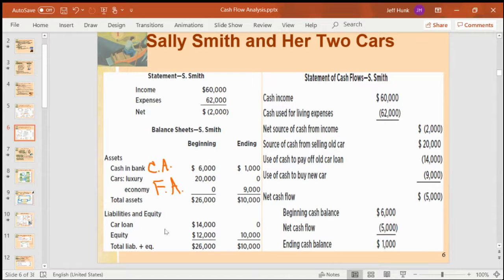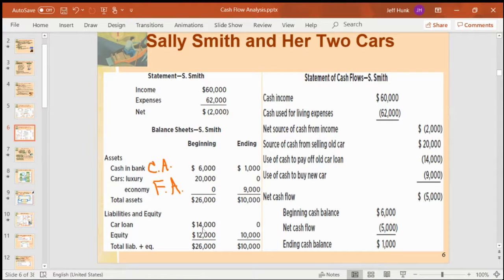Now then, take a look at the liabilities and equity. This car loan of $14,000 is not a new loan, because why? You might think, oh, did she get a loan to buy this car? No, this is the loan balance that was already there at the beginning of the year. So this is the existing loan that she probably got when she bought this old luxury car, when it was new, of course.